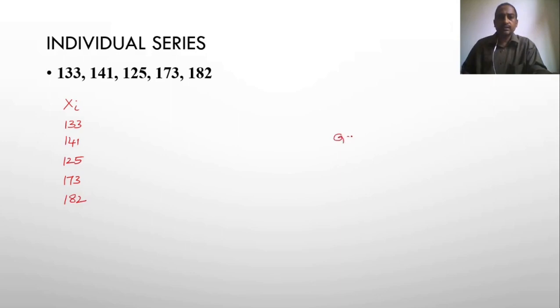G equals anti-log of summation log xi by n. In this case, n is the total number of observations: 1, 2, 3, 4, 5, so five observations.